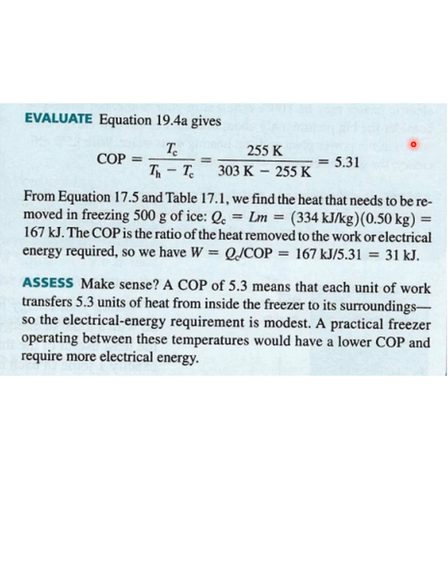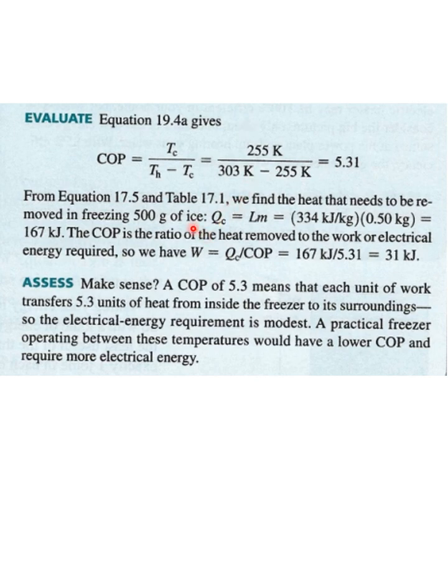Okay, so we can find the COP, which is T cold divided by T hot minus T cold. Use those Kelvin temperatures. You can't use Fahrenheit, can't even use Celsius. They have to be Kelvin, and we get 5.31. And now we can find the heat that needs to be removed in freezing 500 grams of ice.